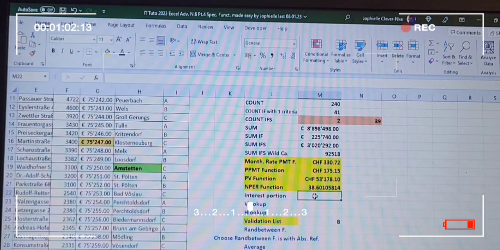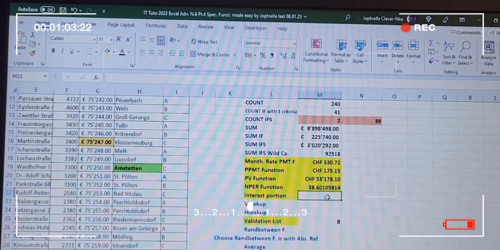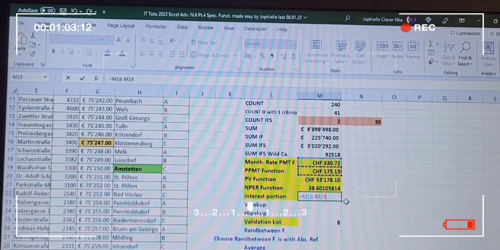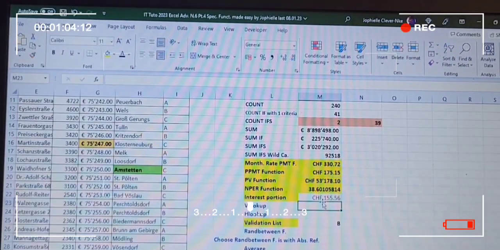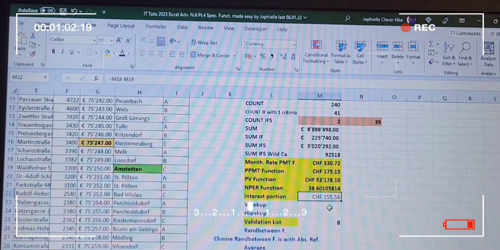Now let's calculate the last but not the least, which is very easy to calculate. This one is going to be a simple subtraction. And then enter. This is our interest portion. Let's yellow this one and bold it.